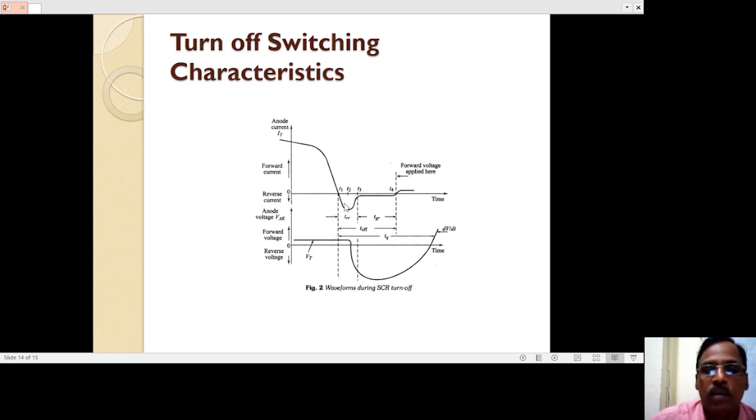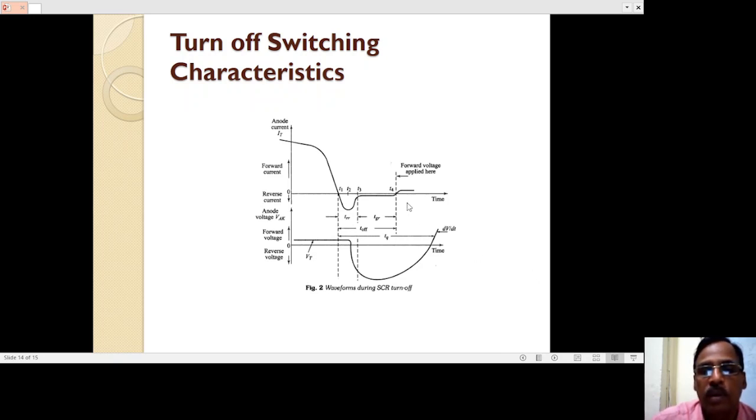See here, reverse voltage is applied for certain time up to TRR. So TRR is the time period in which the charge carriers across junctions J1 and J3 are brought to blocking state.